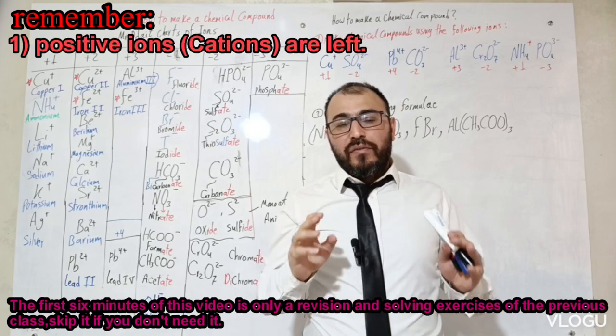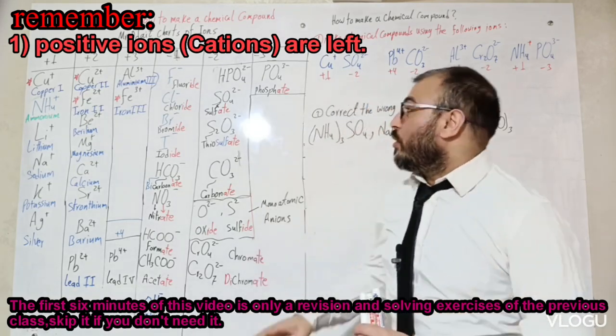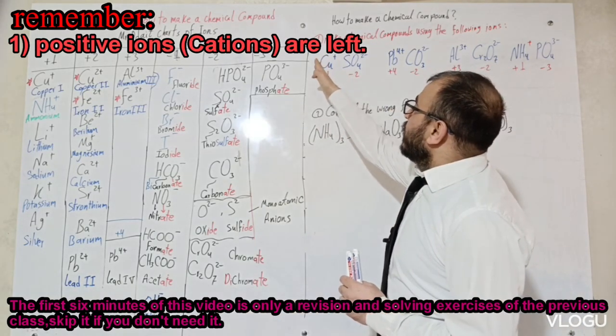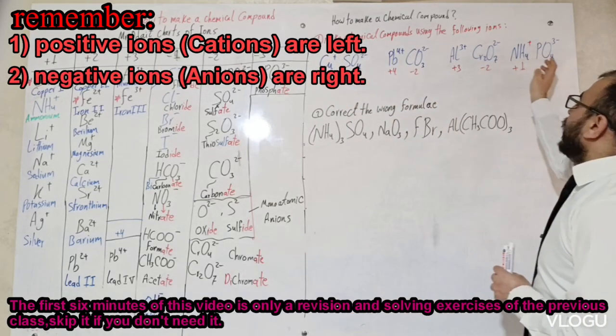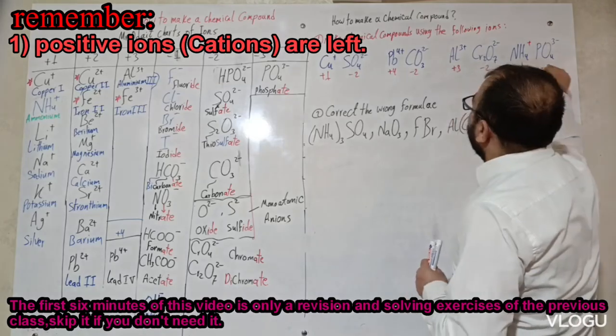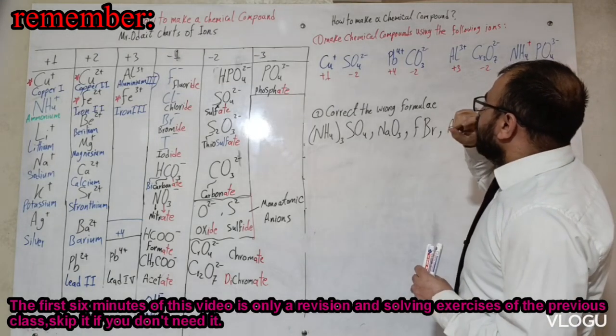First, my friends, we said that always we should keep the positive ions or the cations left and the negative ions right. So far everything is fine and everything is correct.